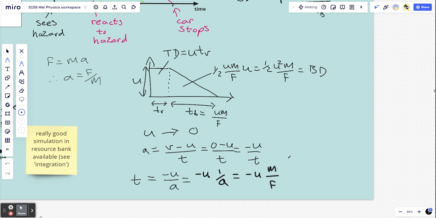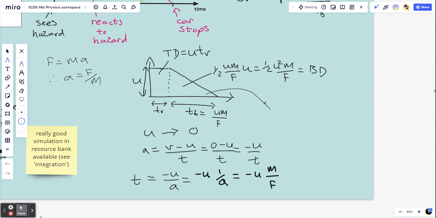So next, let me just have another look at this. Okay, so the next thing we did is we looked at this triangle here, and let's get a thinner pen. Remember, the total area is going to be equal to the first area plus the second area.